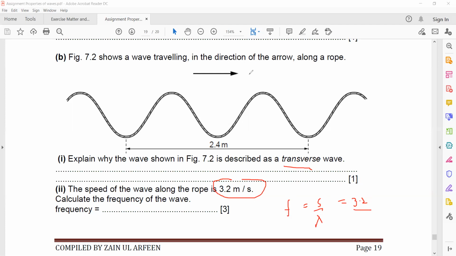Yeah, that's right, 1.2. Because look, this is trough, trough, trough. Distance between the two troughs is called a wavelength. If this total is 2.4, so half will be 1.2. So this will be 3.2 divided by 1.2.